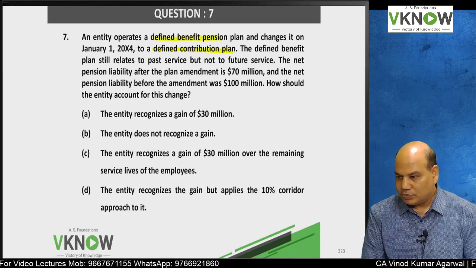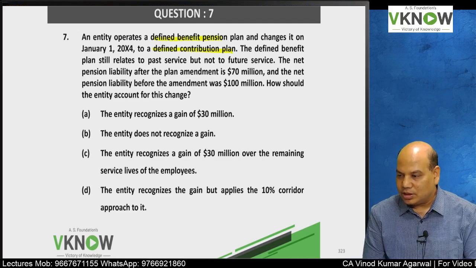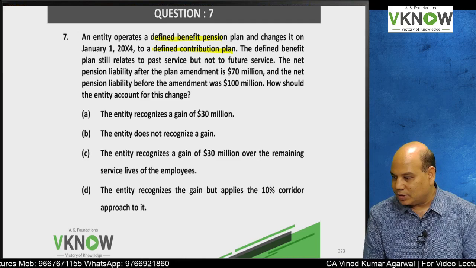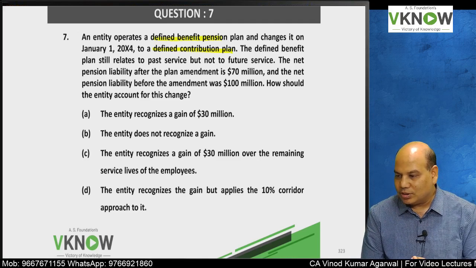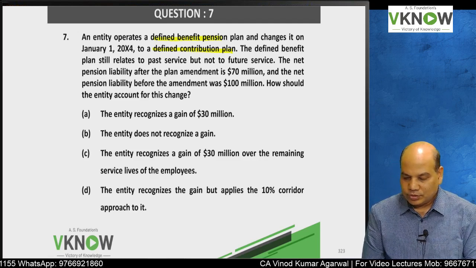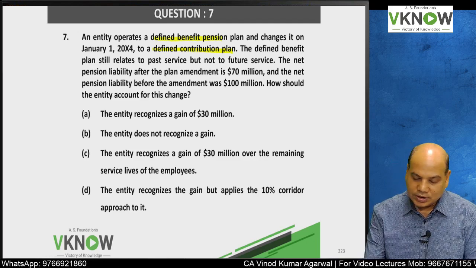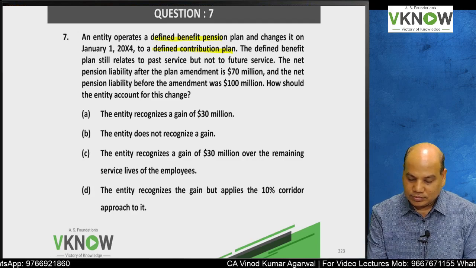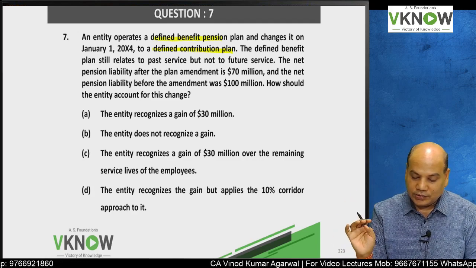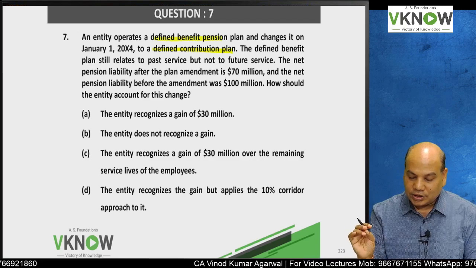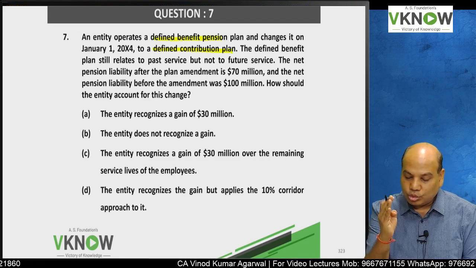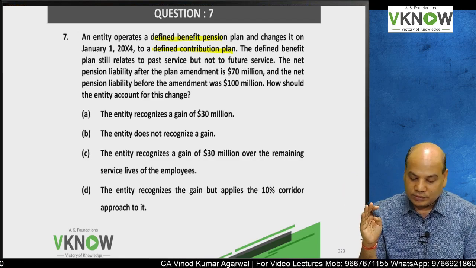This is easy. Before the change the liability was 100 million, after the change it is 70 million. So 30 million liability will reduce. So the entity will recognize a gain of 30 million. Entity does not recognize a gain. Entity recognizes a gain of 30 million over the remaining service life.